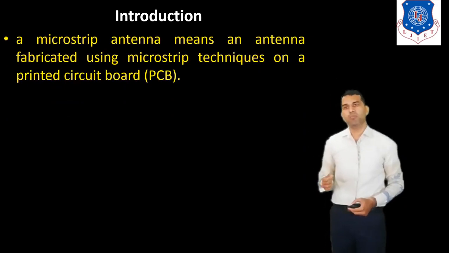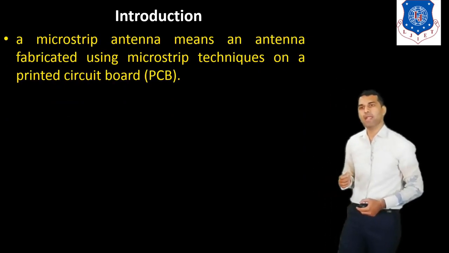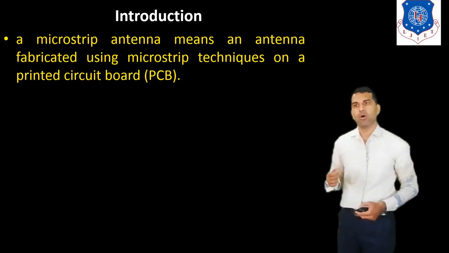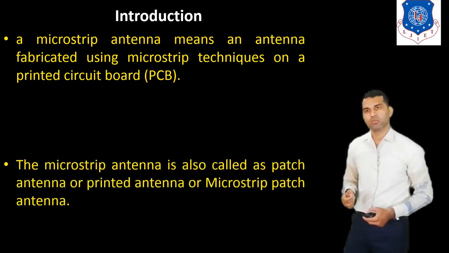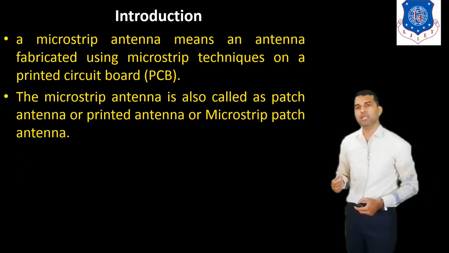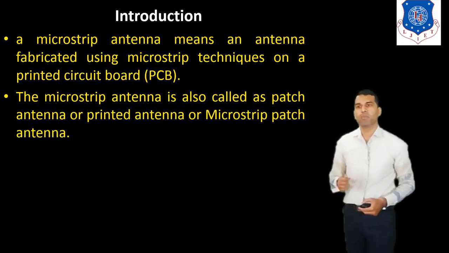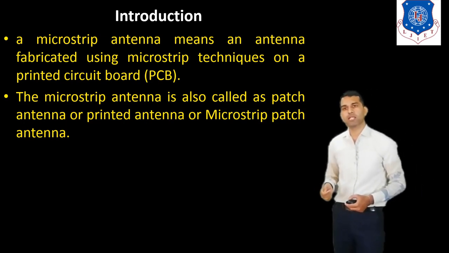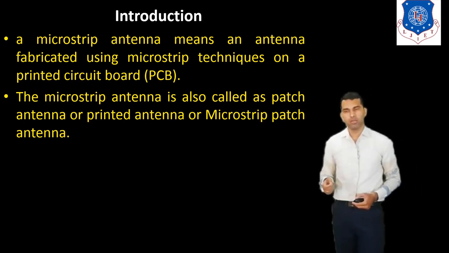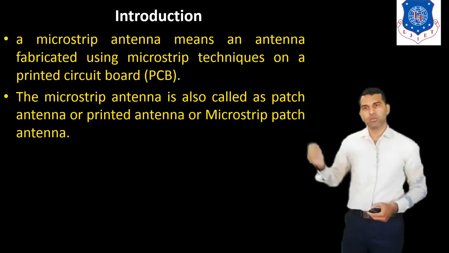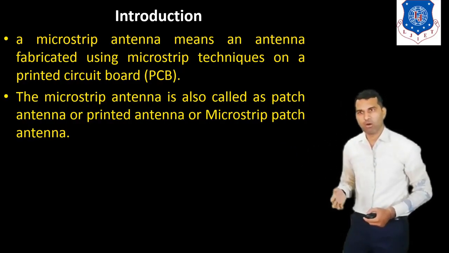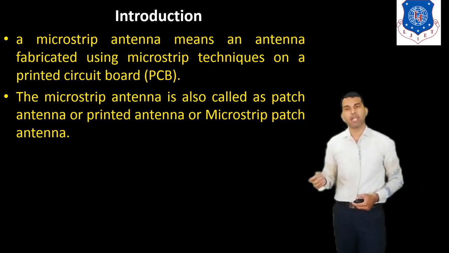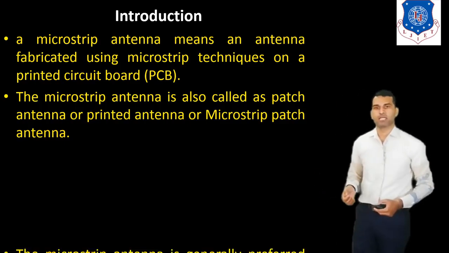A microstrip antenna means an antenna fabricated using a microstrip technique on a printed circuit board. The microstrip antenna is also called a patch antenna, printed antenna, or microstrip patch antenna.